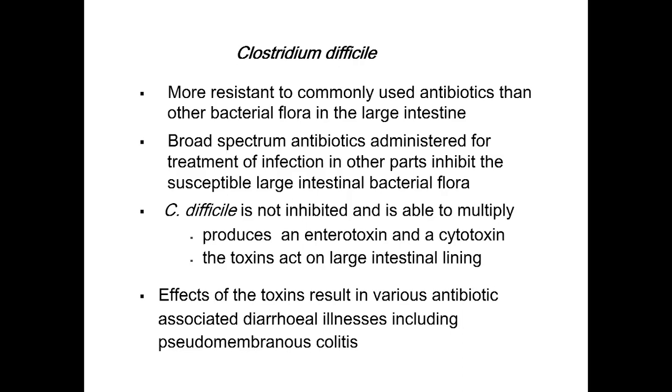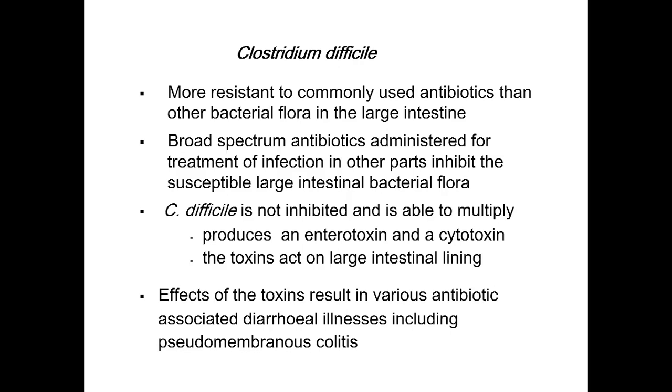And when the others are inhibited, stress is created, and Clostridium difficile multiplies, and its proportion now becomes significant. It reaches a quantity that can now be effective, and it produces an enterotoxin and a cytotoxin.